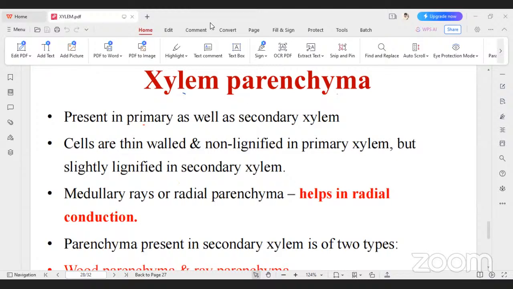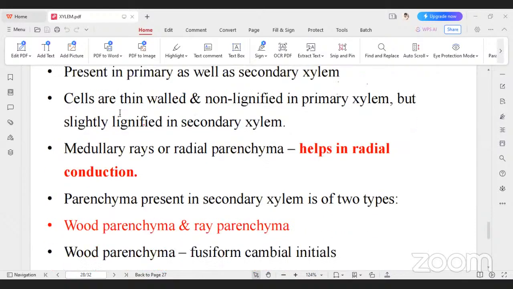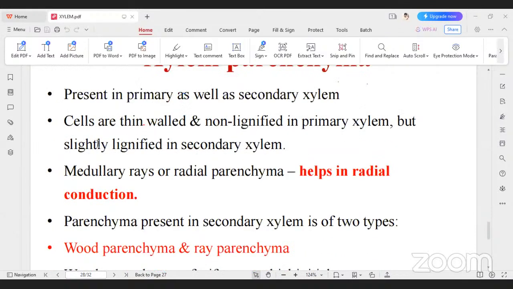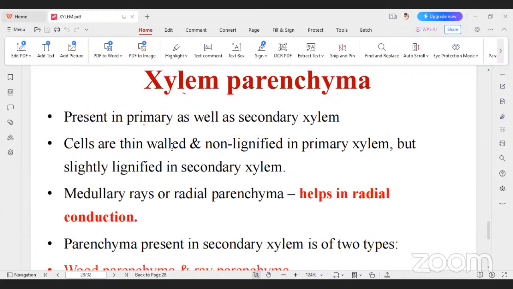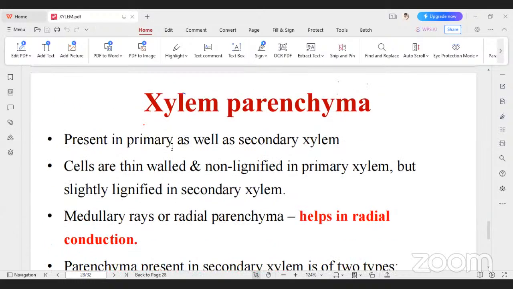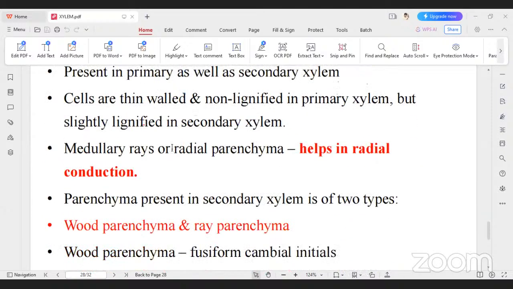These parenchyma cells are thin-walled, but in tracheids and vessels the walls are thick. They are non-lignified in primary xylem, but slightly lignified in secondary xylem. When it reaches maturity, a very small amount of secondary wall is formed with lignified chemicals. Medullary rays or radial parenchyma are also present, which help in radial conduction.